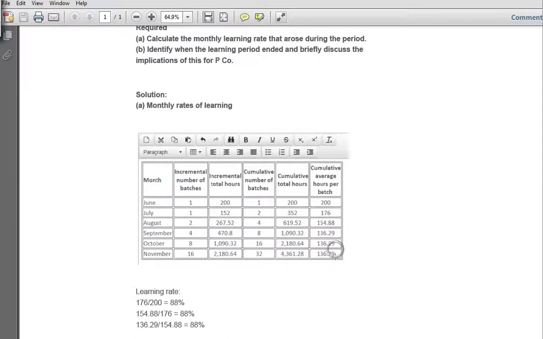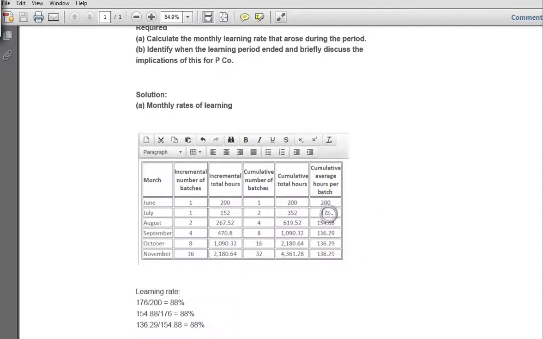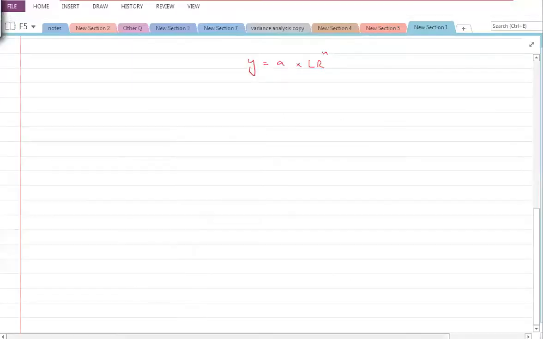Now, this is one way of calculating this. If you want to calculate the learning rate using the formula, you can do that as well. For example, the average time over here is 176, and the number of times it is doubling up, you can see, is 1. So the value of n is 1. The time to produce the first one is 200, multiplied by the learning rate raised to the power n.